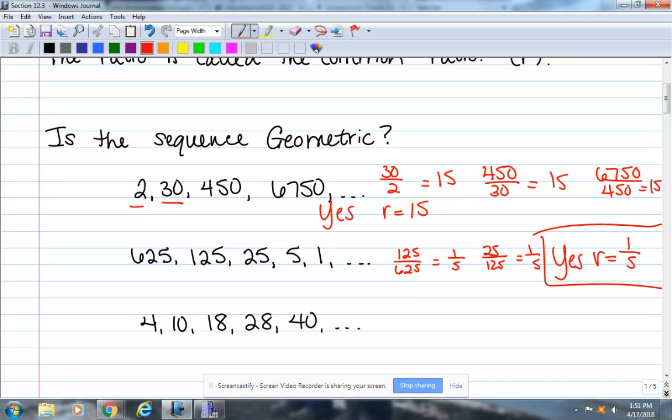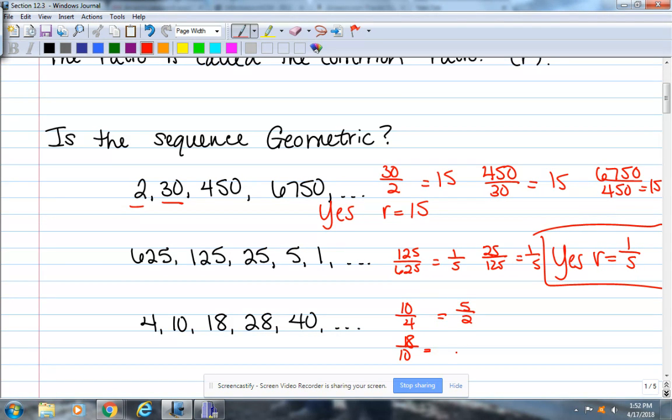All right, so look at the last one. It's going up every time. But you've got to check it by doing second divided by first. 10 over 4, and we want to see if that's the same ratio as 18 over 10, and so forth. So what's 10 divided by 4 reduced to? 5 over 2.